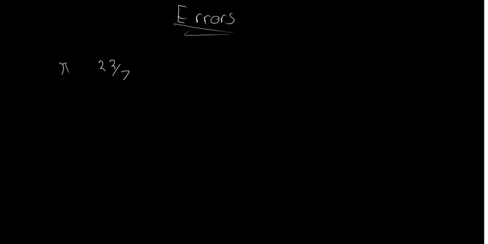For this one, it's pretty straightforward. The absolute error is going to be |pi − 22/7|, which gives me something like 1.264 times 10 to the power negative 3. The relative error is just going to be our absolute error over pi.